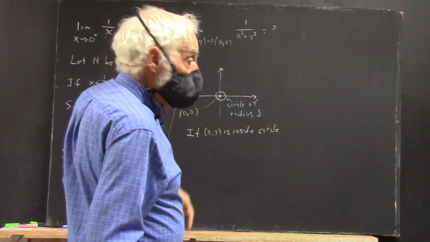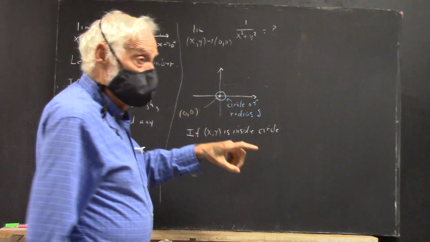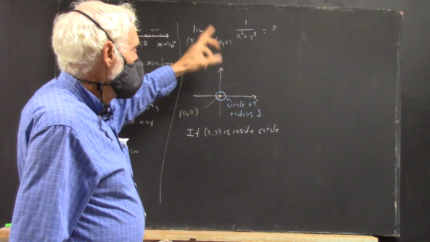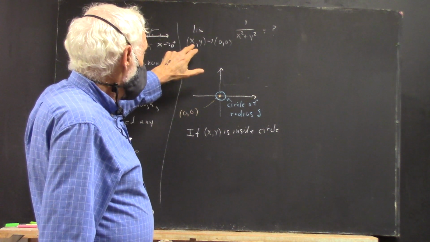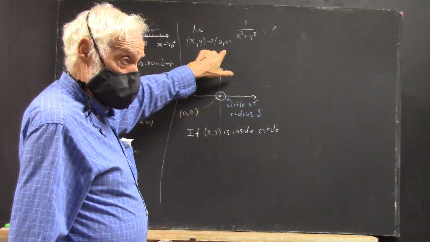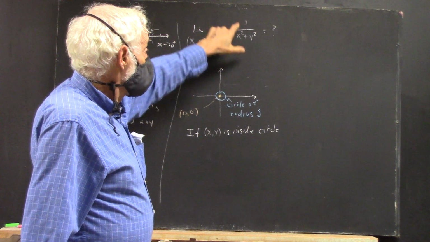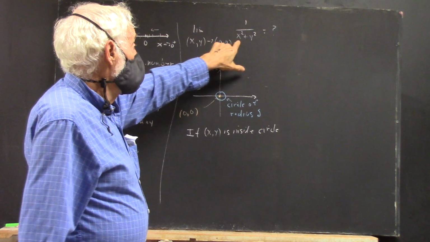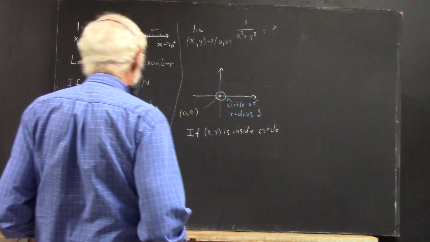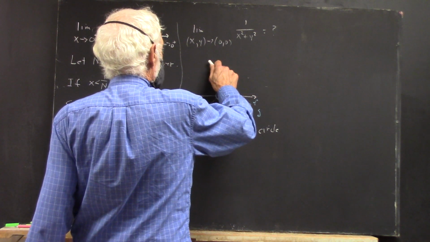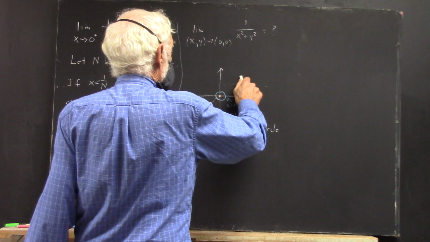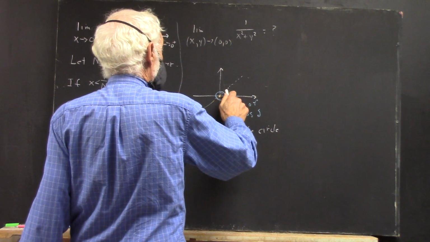Well, one of the simplest examples we can do, probably the simplest, is to find the limit as your point, x y, approaches 0, 0, of 1 over x squared plus y squared. This means that x y could approach 0. Well, there are a lot of ways it could approach 0, right? It could approach 0 along a dotted line here.